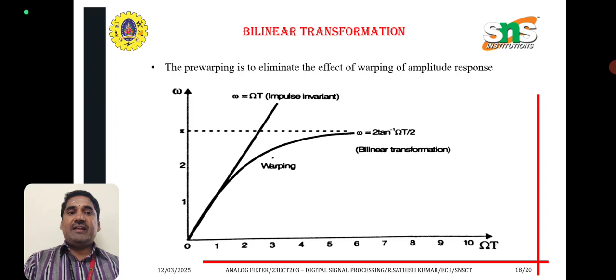Pre-warping is to eliminate the effect of warping of the amplitude response. This is the pre-warping with respect to omega and Omega T, 2 tan inverse of Omega T by 2, which we get by using bilinear transformation. Without warping, omega is equal to Omega T, that is impulse invariant transformation.